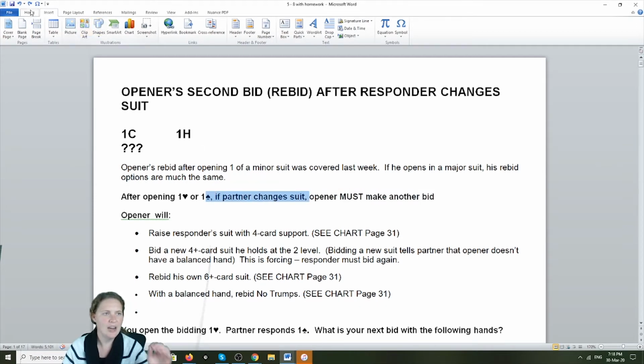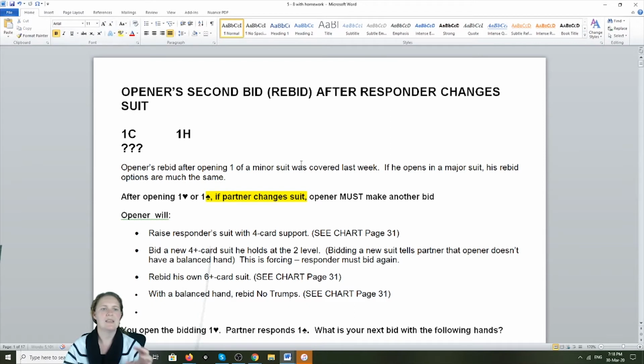If partner changes suit, what that means is that if partner bids a new suit, opener must make another bid. However, just to clarify, suit is the most important word here. What this means is that if our responder bid no trumps, then our opener does not necessarily need to make another bid. I know that sounds like such a silly distinction, but it is such an important one.